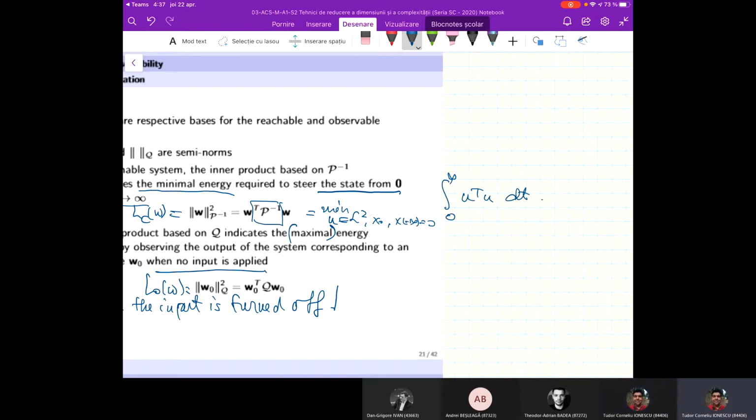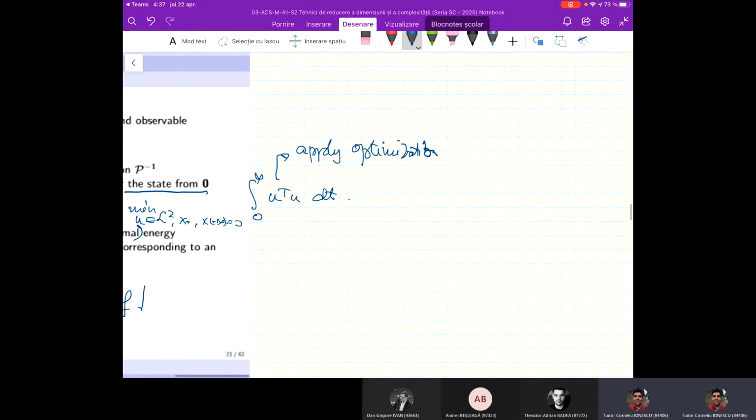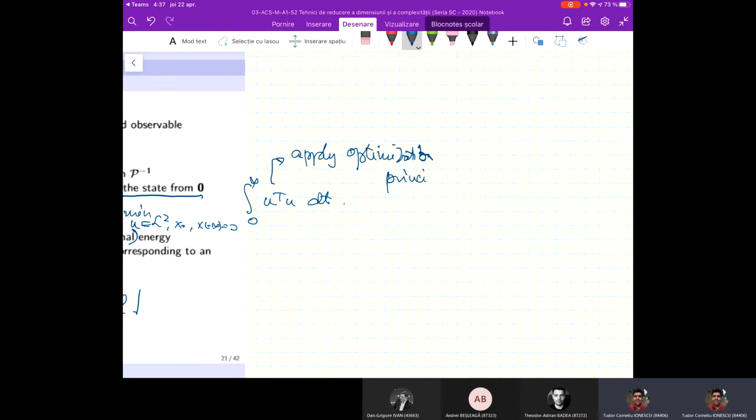Since this has a minimum, we apply optimization principles, and then you get the Riccati equation, and then equivalently the Lyapunov equation.